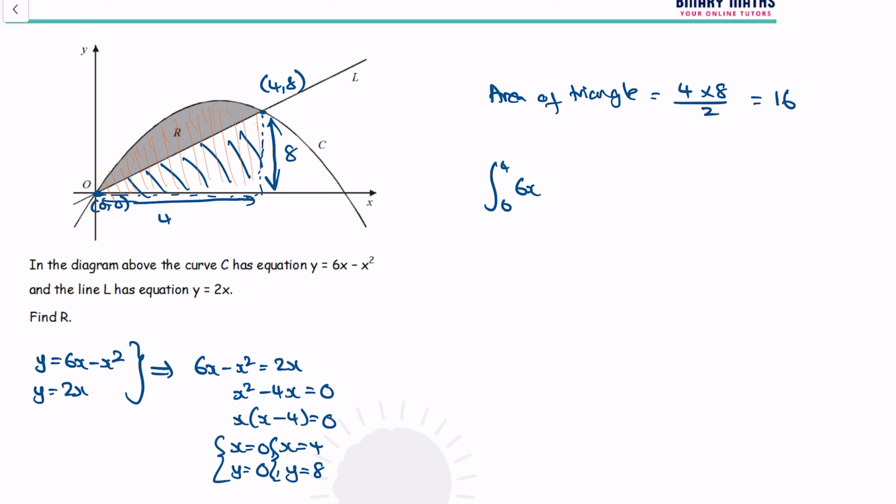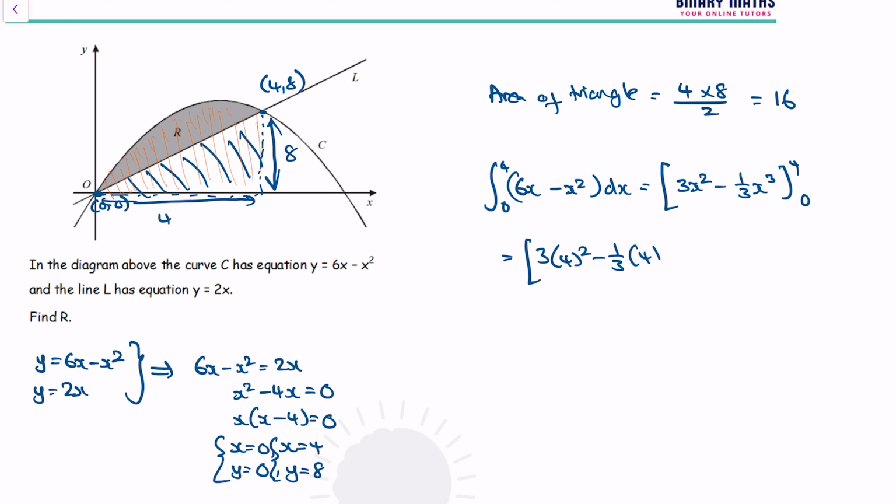The integral of 6x minus x squared dx is 3x squared minus a third x cubed between 4 and 0, which is 3 times 4 squared minus a third times 4 cubed. Substituting 0 gives 0, so putting this into my calculator, I get 80 over 3.